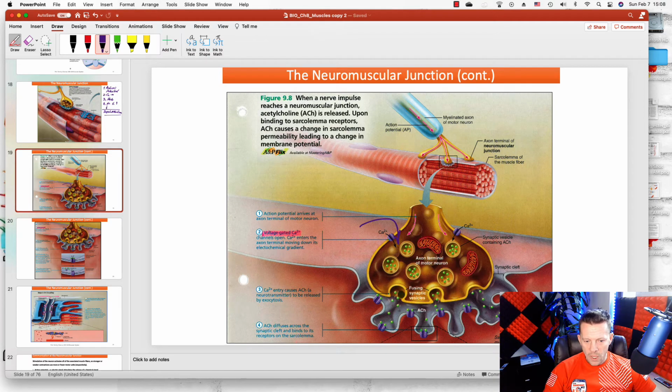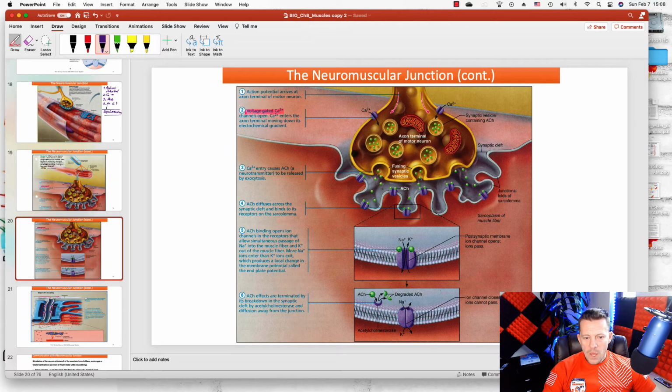So acetylcholine diffuses across the synaptic cleft and binds to receptors on the sarcolemma. So it physically binds on it. Chemically, it chemically binds to it. So when it binds to it, the acetylcholine, by binding to those receptors, opens channels, and that stimulates the passage of sodium inside and potassium outside.